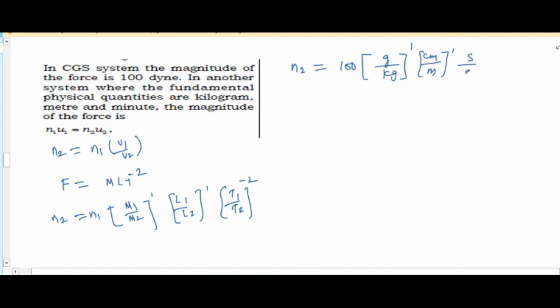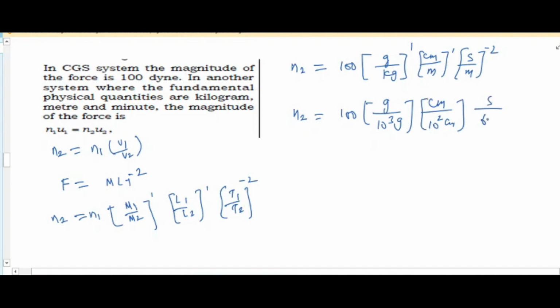Time is second, but here it is minute whole to the power of minus 2. Therefore, N2 is equal to 100 into gram by kilogram, that is 10 cube grams. This becomes centimeter by meter, that is 10 square centimeter. And this is second by minute, that is 60 seconds whole to the power of minus 2.